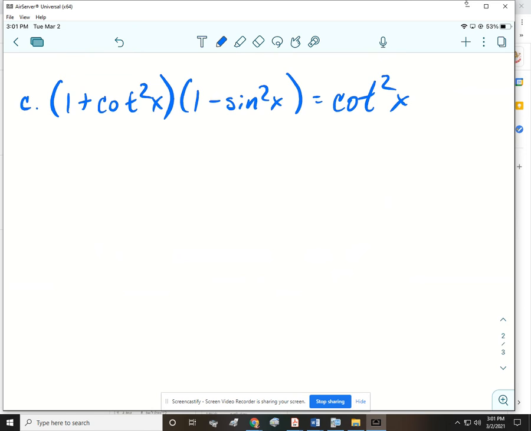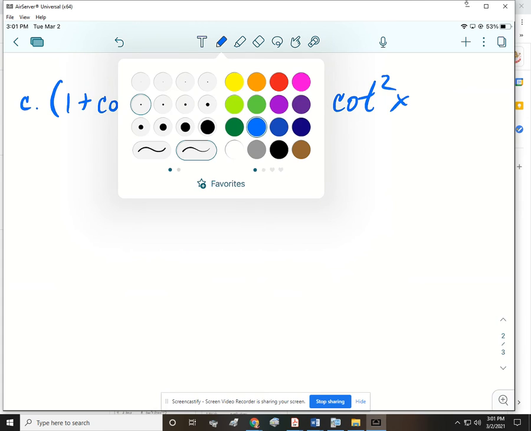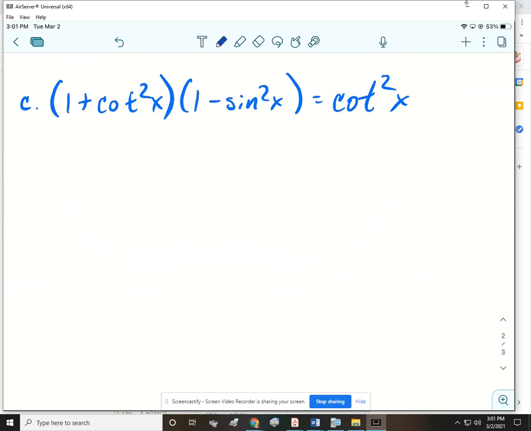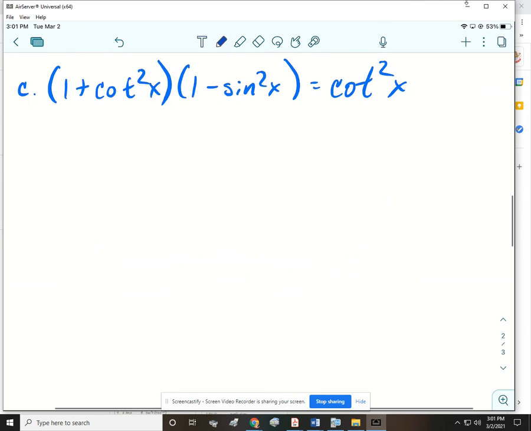There's possibilities here. I would typically say that when you notice that you have 1 plus a squared trig ratio or 1 minus a squared trig ratio, go ahead and look at your Pythagorean identities. Now, it might lead you down the wrong path, and then you might have to go back and try something else, but typically that's going to help you.